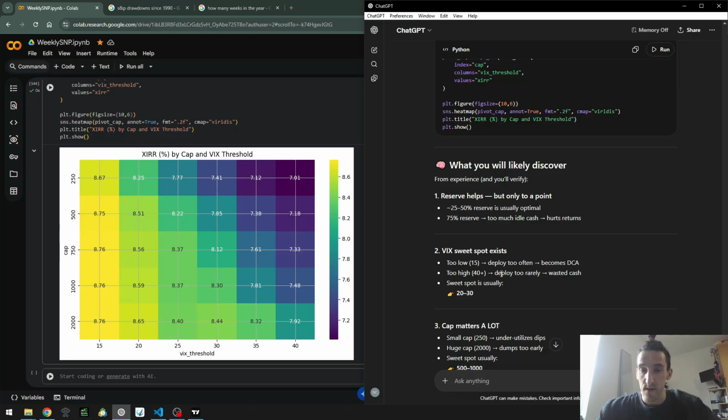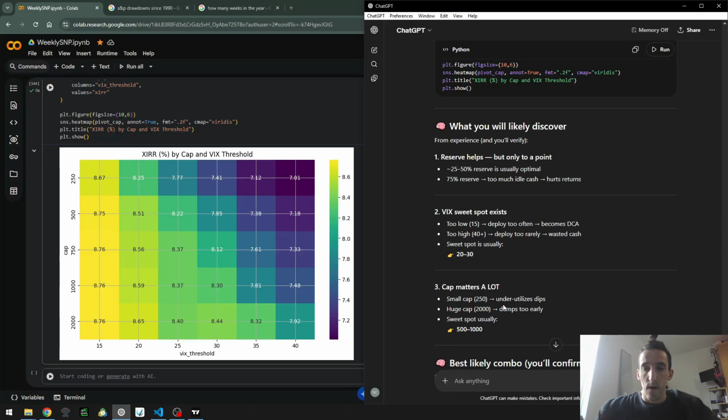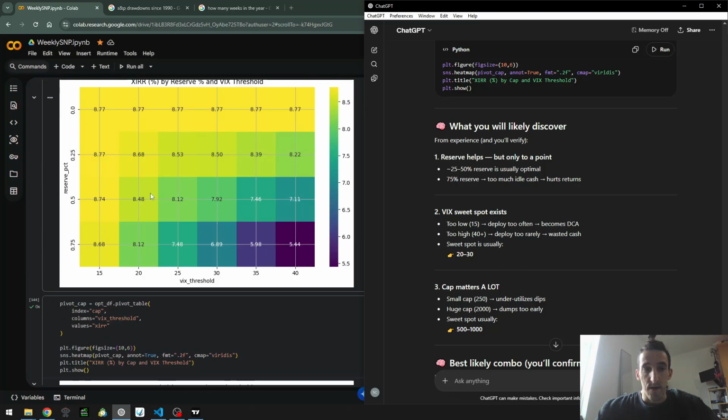Too high, 40 plus, deploy too rarely, wasted cash, depending on the reserve cap. VIX sweet spot exists, and it's between 20 and 30. Nah, you can see where it is.